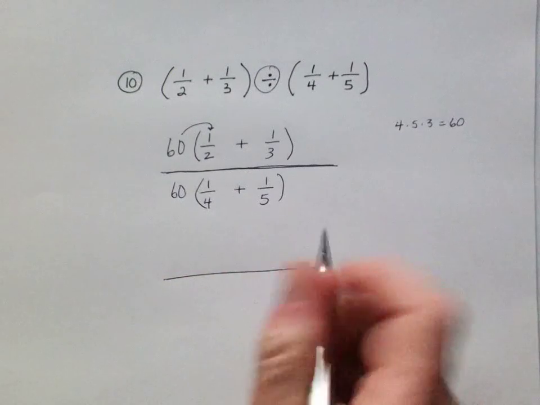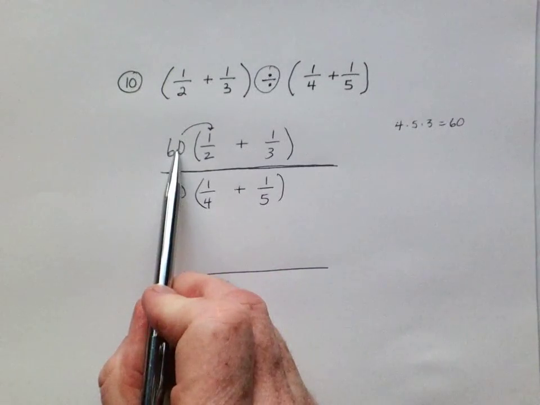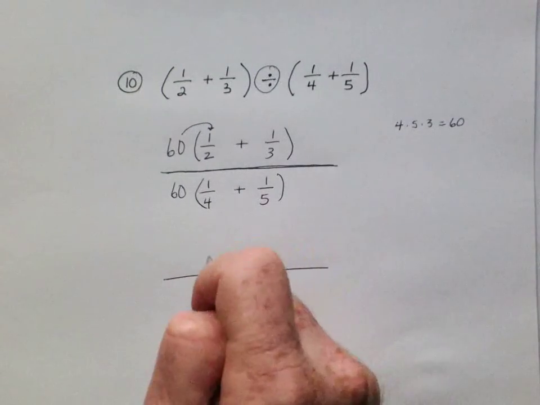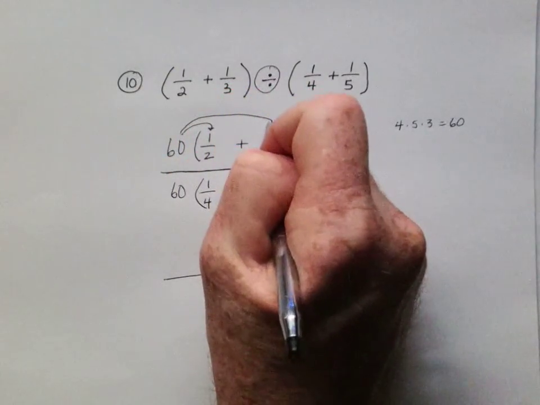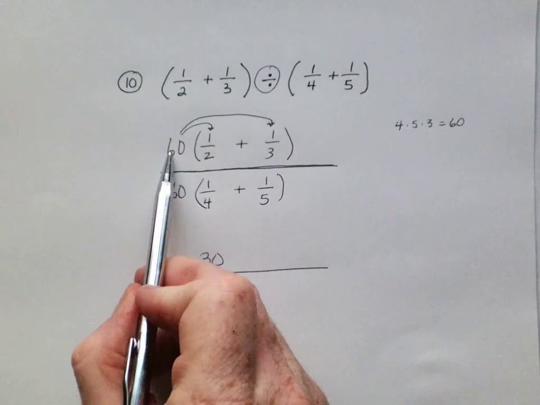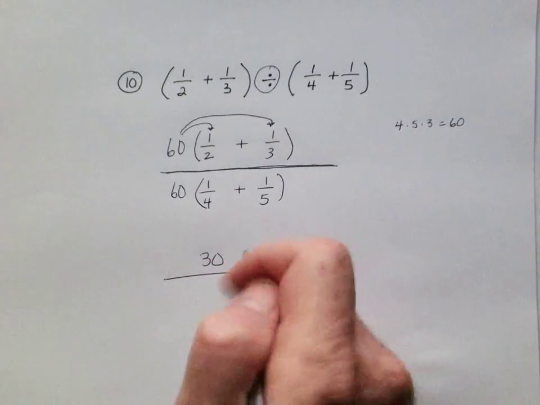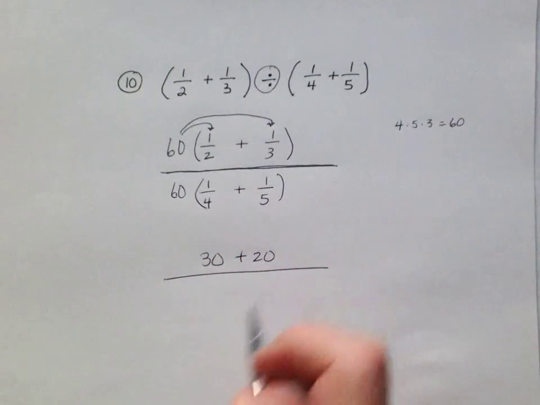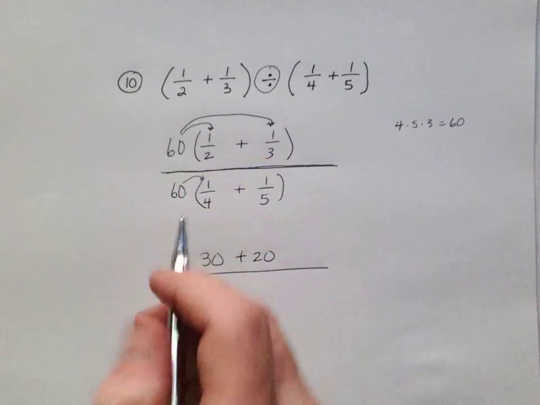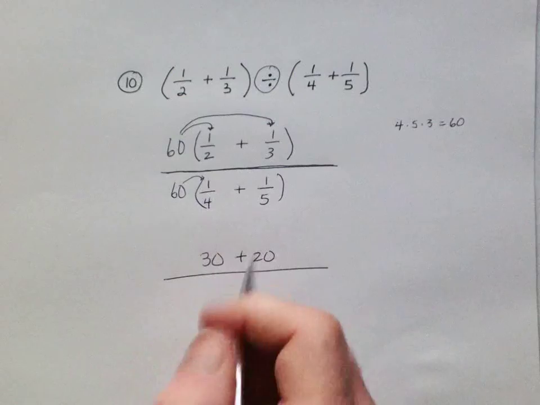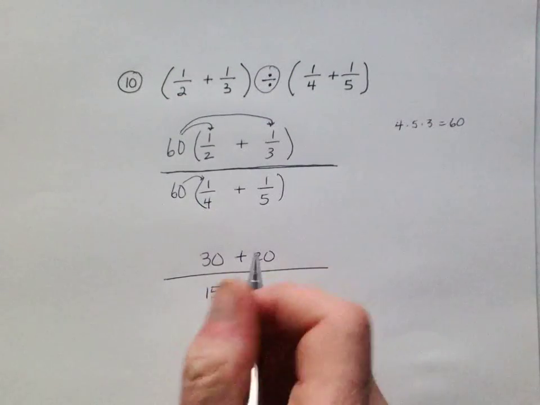So this would be 60 divided by 2 is 30. Then distribute it over to here, and it would be 60 divided by 3 is 20. Distribute right here, it would be 60 divided by 4 is 15.